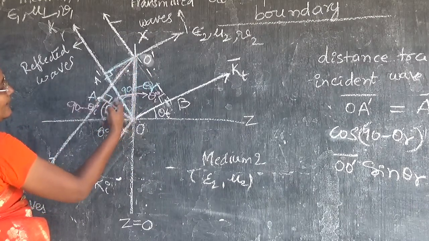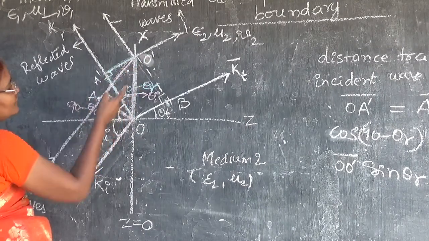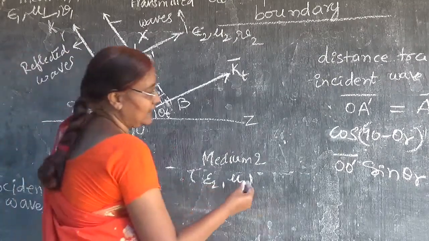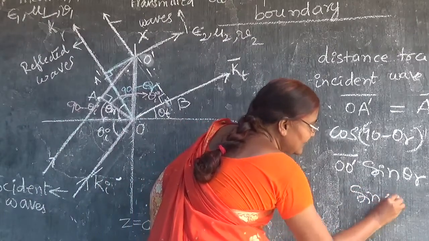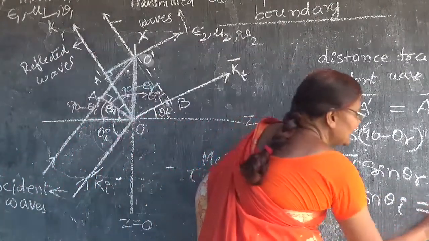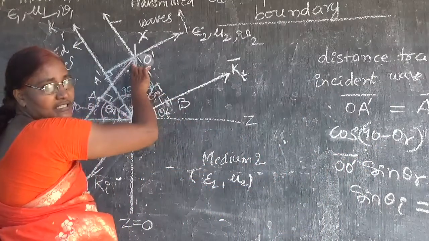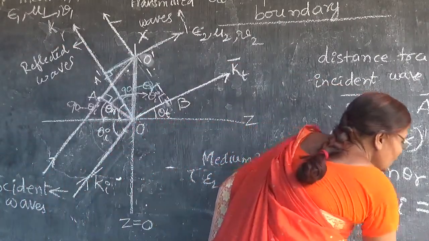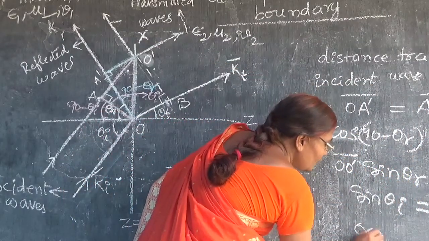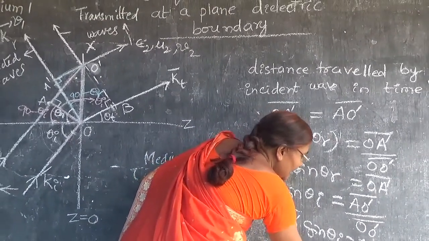This angle theta I. This AO dash is opposite to this theta I. So sin theta I is equal to the opposite side, that is AO dash, divided by the hypotenuse, which is OO dash. So what can I write? OO dash sin theta I must be equal to AO dash bar.